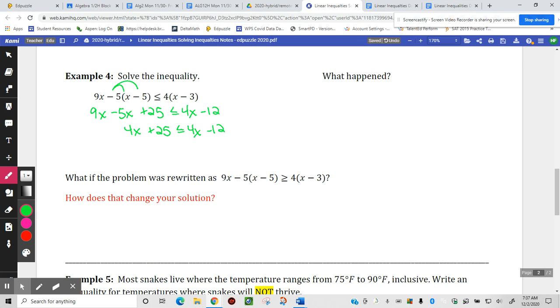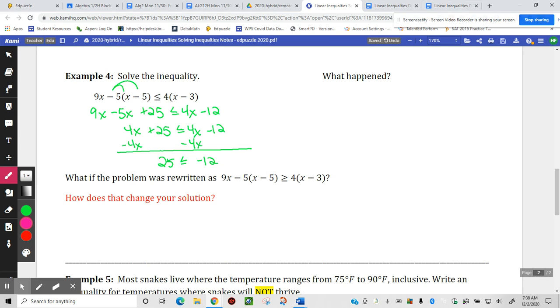Oh, okay, so you're solving this. And what happens? All right. So what happened when you solve this? All right, you solved it all out. You have no x's left, and you are left with 25 is less than or equal to negative 12.